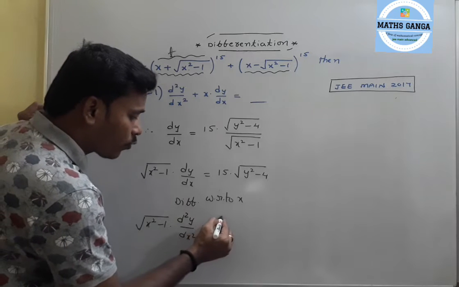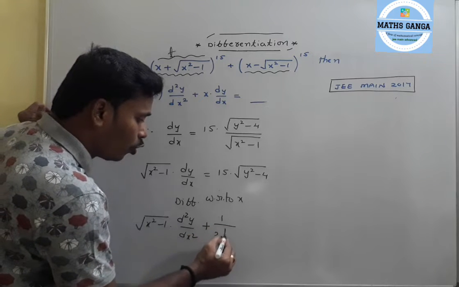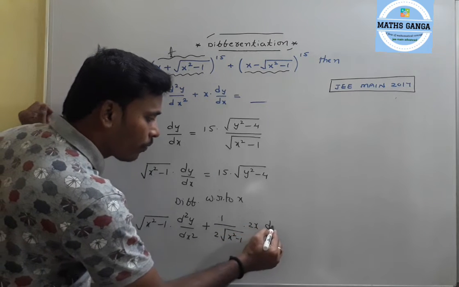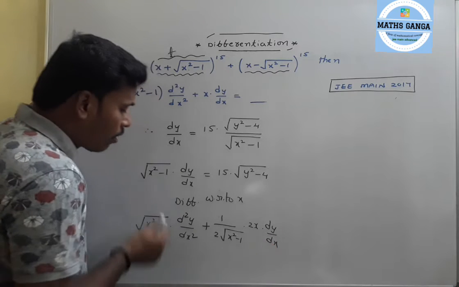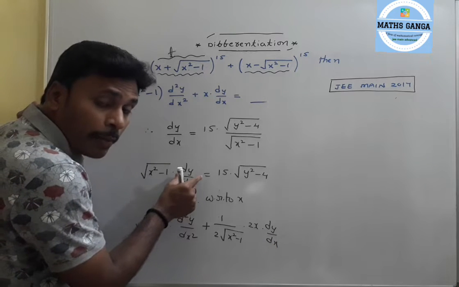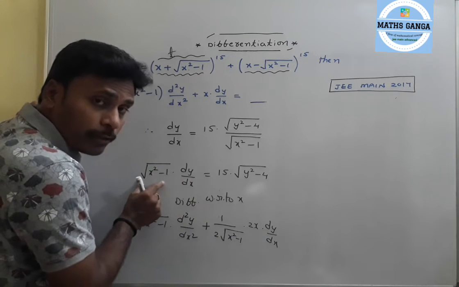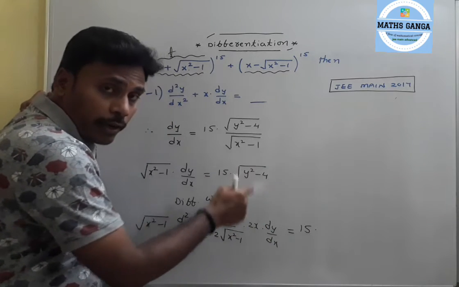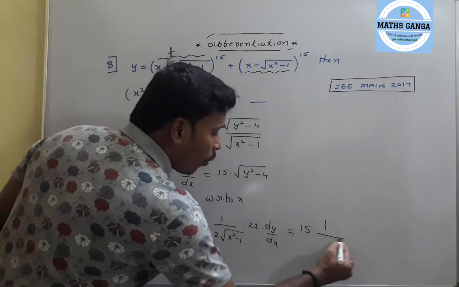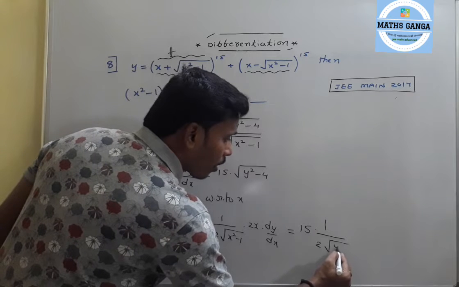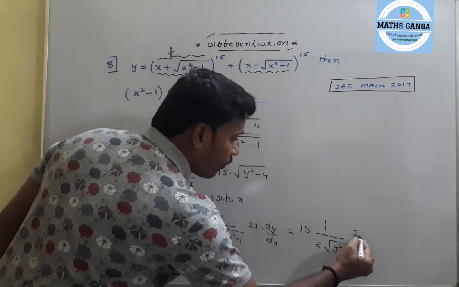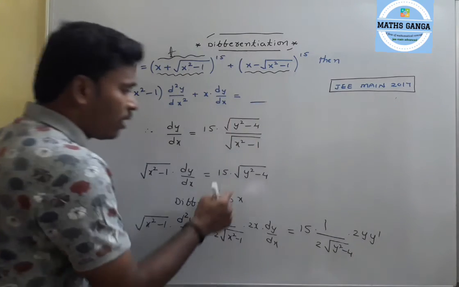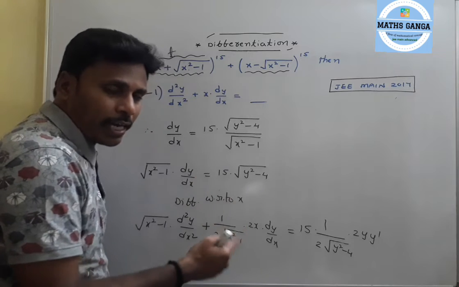For root x square minus 1, 1 by 2 root x square minus 1 into 2x into dy by dx. First term into the derivative of the second one plus second one into the derivative of the first one. This is equal to, right side, 15 into, here we have root y square minus 4 and its derivative is 1 by 2 root y square minus 4 into the derivative of y square, which is 2y, into y dash. Is it clear? Derivative of y square is 2y into y dash. Y dash is dy by dx.